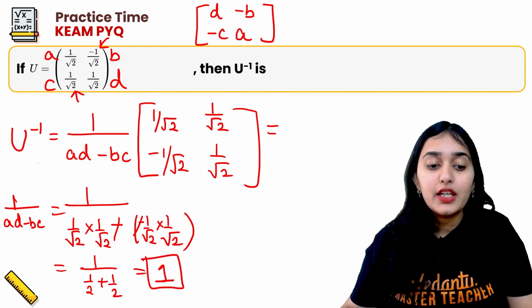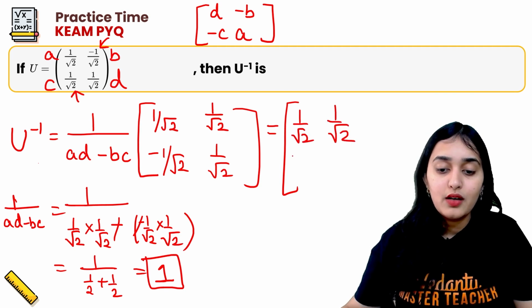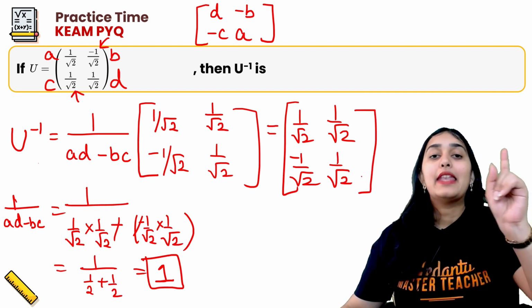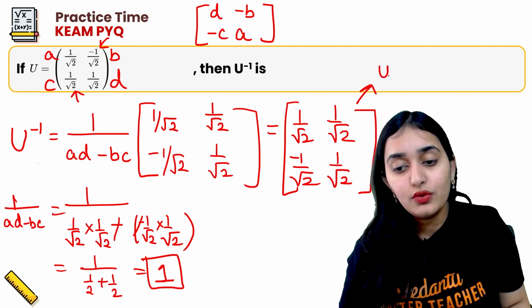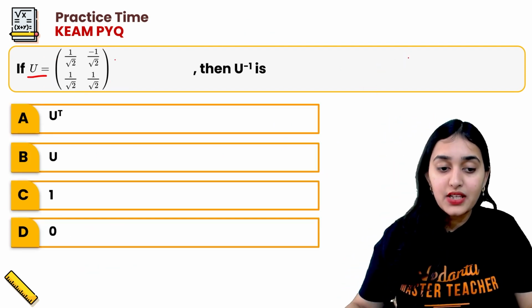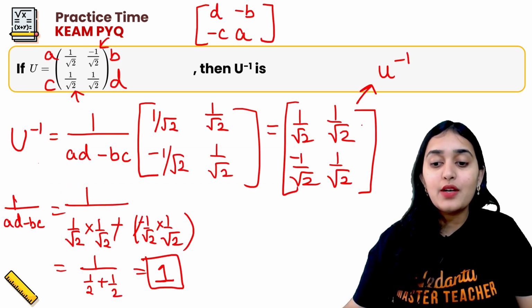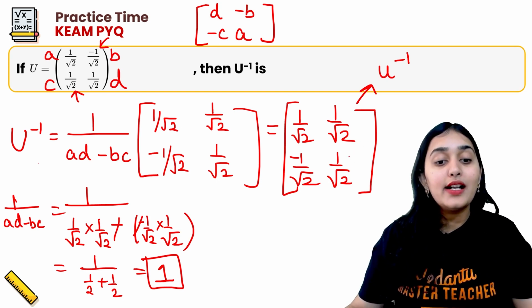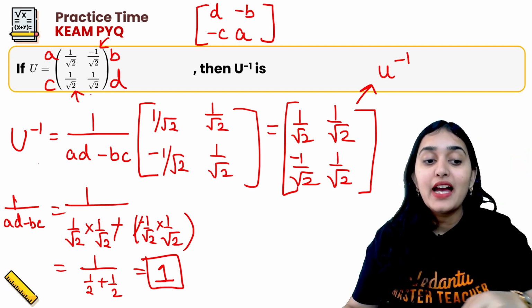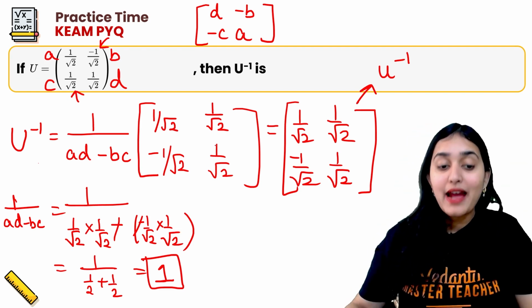So therefore, U inverse is this: 1 by root 2, 1 by root 2, minus 1 by root 2, 1 by root 2. Okay. Now, this is U inverse. But in the options, they have given you U transpose, U, 1, 0. Is this equal to 1? No. Is this equal to 0? No. Is this equal to U transpose? Let's find out what should be the matrix transpose.